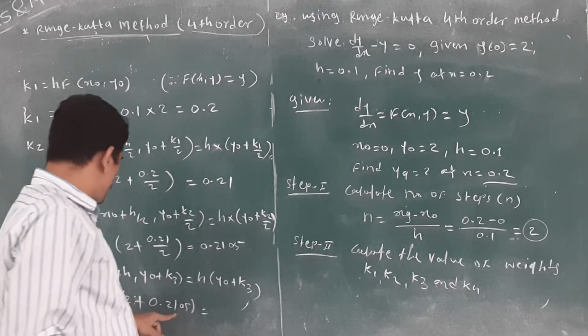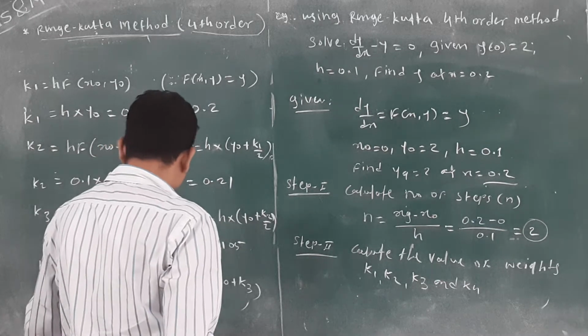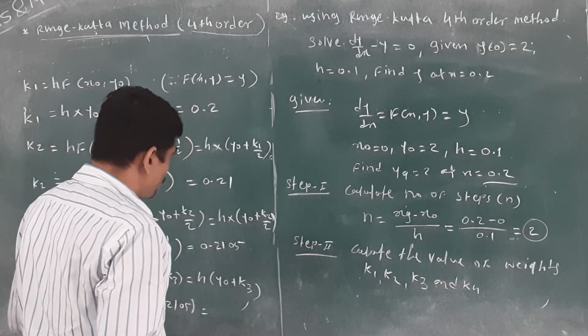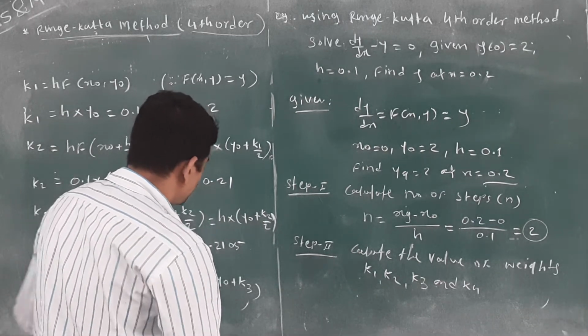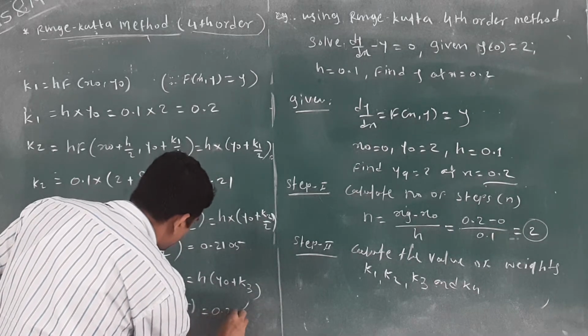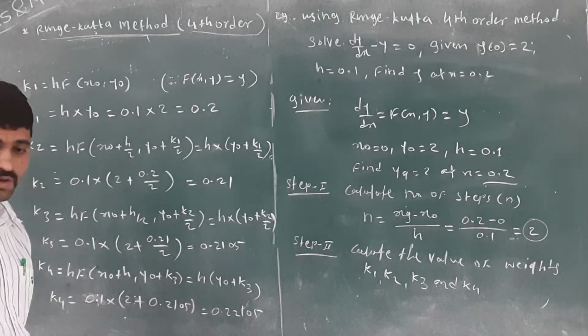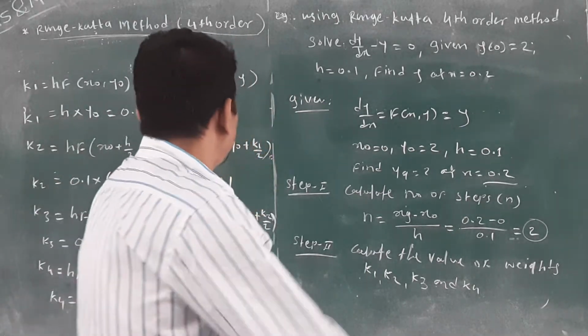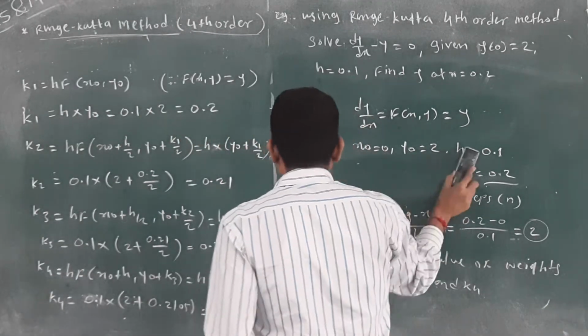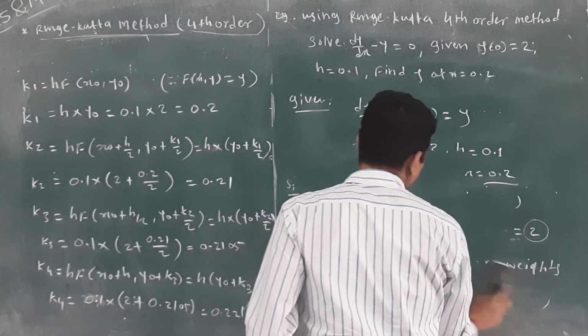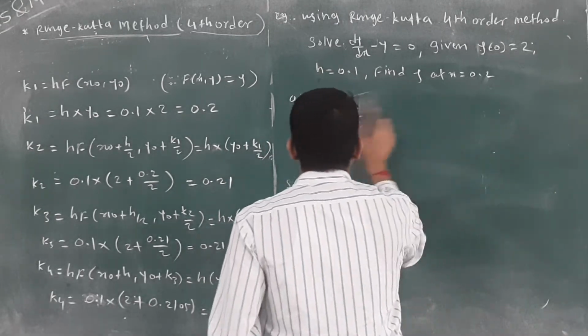Here you get 2.2105 into 0.1, you will get k4 is 0.22105. Once you have got all the values of k1, k2, k3, k4, then what is the next step?